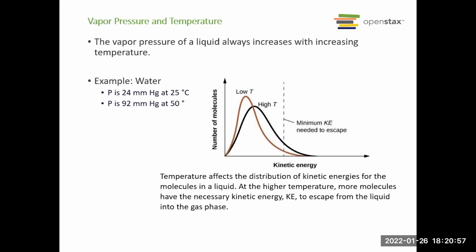So the vapor pressure of a liquid is going to increase with temperature, right? And we kind of talked about that earlier. So we know that the rate of that equilibrium is also going to go faster as we increase temperature. And we can see that in lakes in very warm places. They get really low in the summer, or rivers.